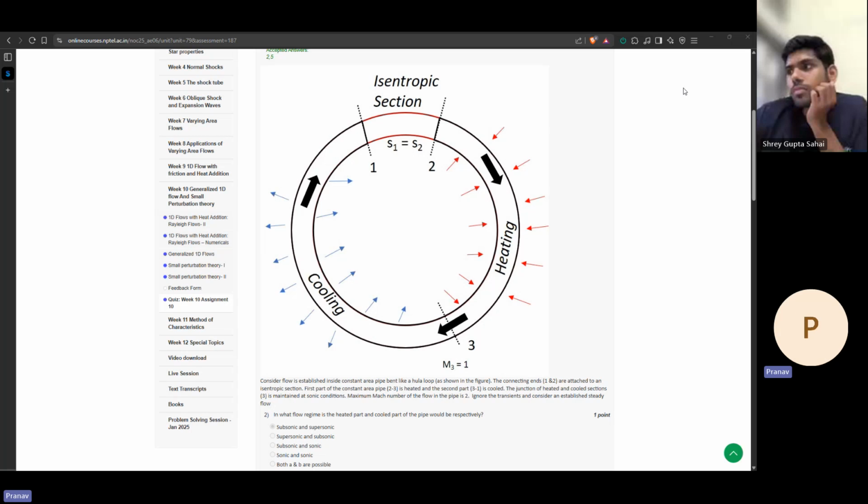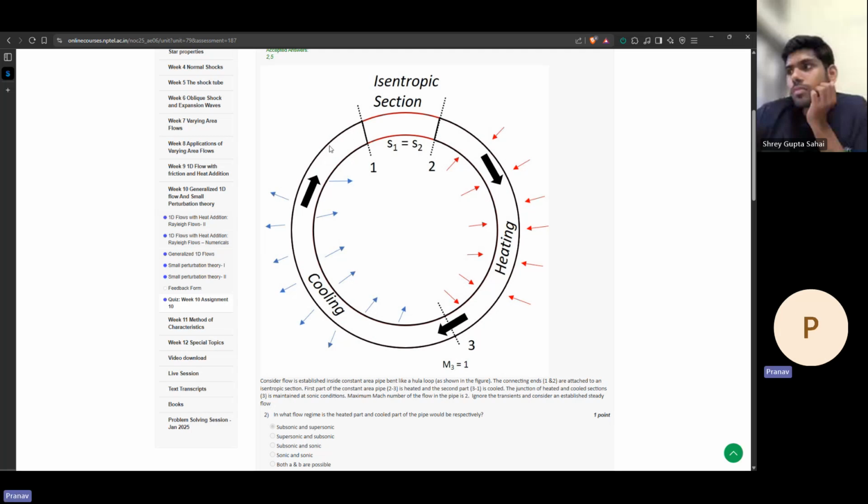But contrary to this, the second option says that it starts supersonic in the heating region and then it goes subsonic. Applying the same thought process here, when it goes from supersonic to subsonic, it reaches section one with a subsonic Mach number.